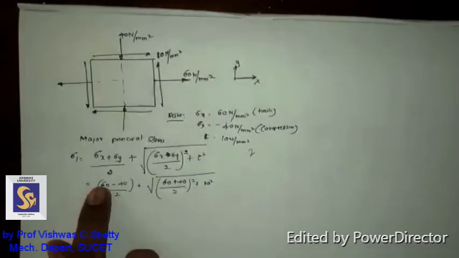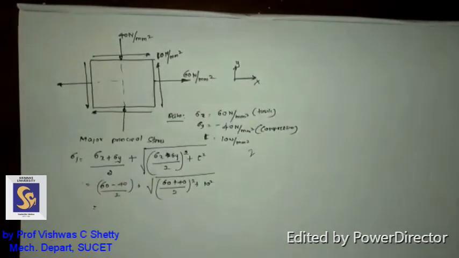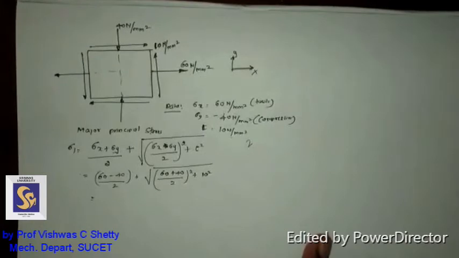This will be 100 by 2, which means 50 square plus 10 square. Can you tell me the answer? Sigma 1, how much will you get? Quickly calculate and tell me the answer.